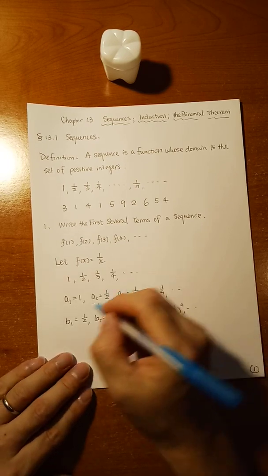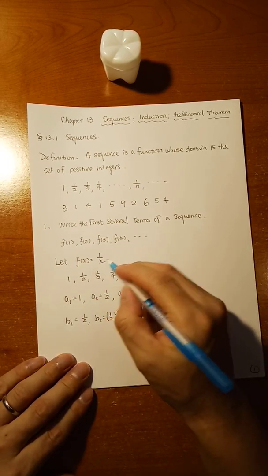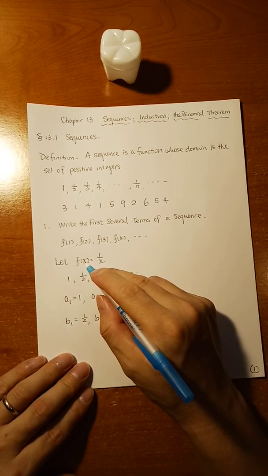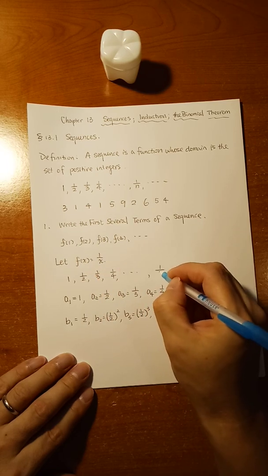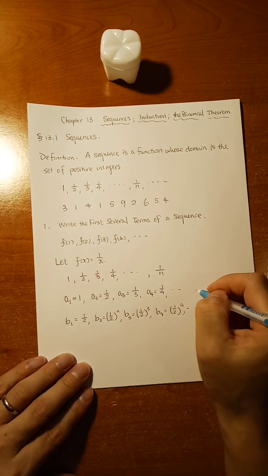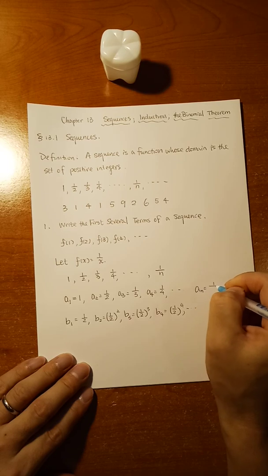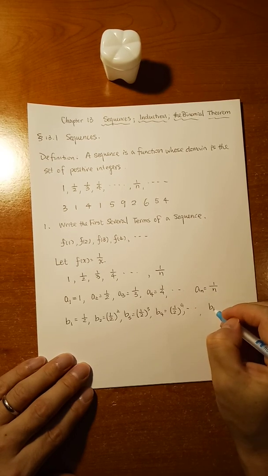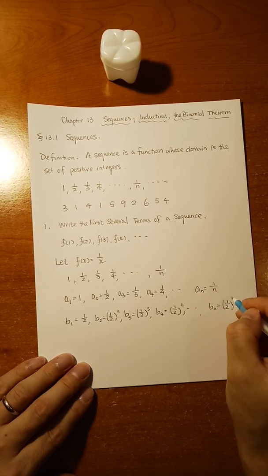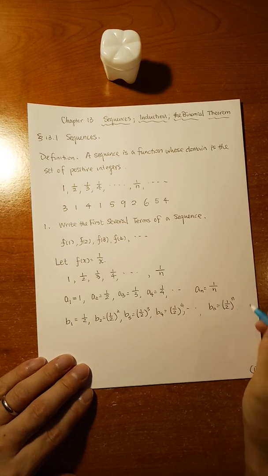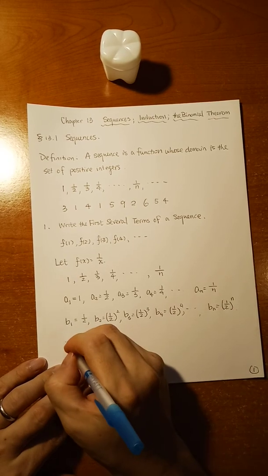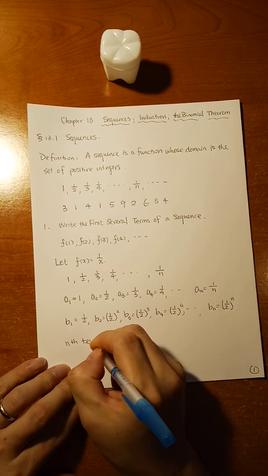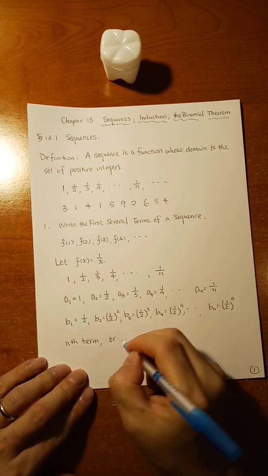And if you know the expression, you can say, when you let x be the integer n, you have 1/n. And here a sub n is equal to 1/n. And this b sub n is 1/2 to the nth power. And this is called either the nth term or the general term.